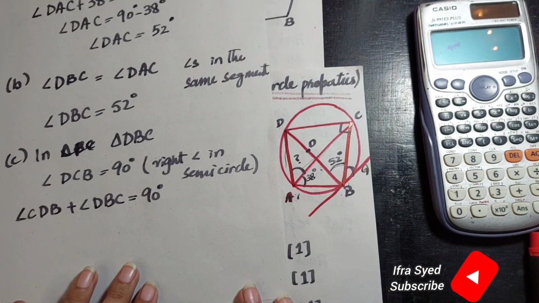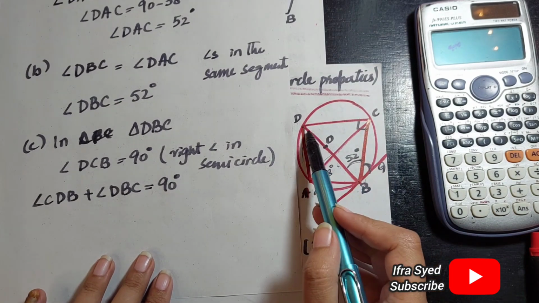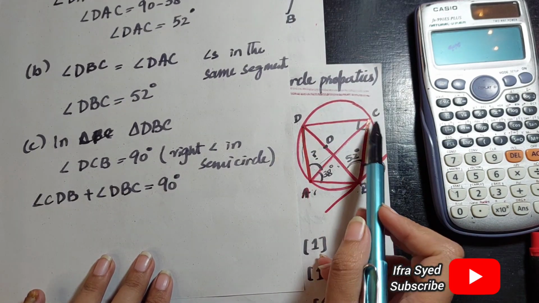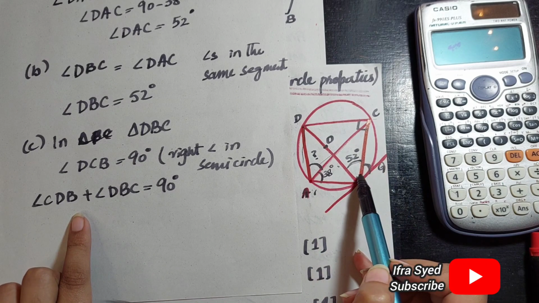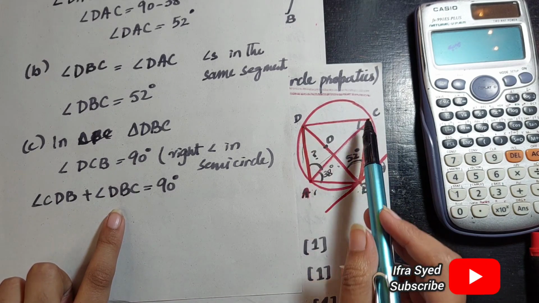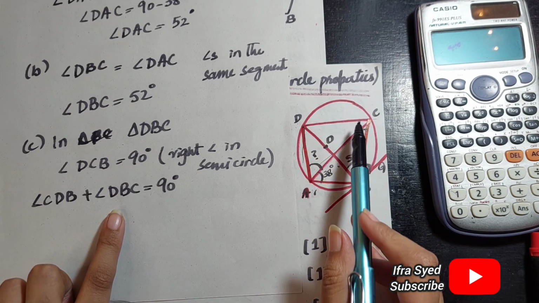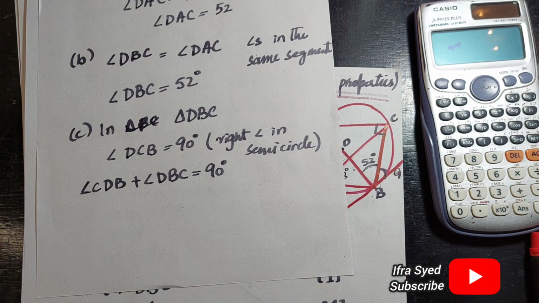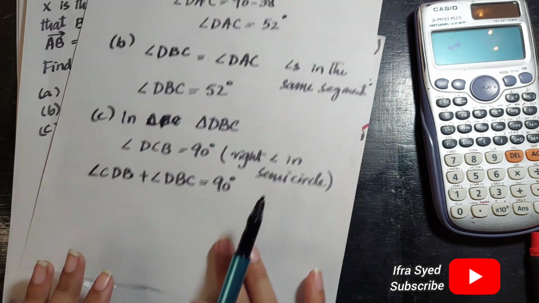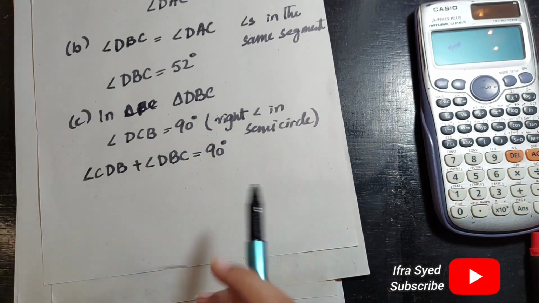Now you can see it properly. I wrote these two angles, this CDB plus this angle DBC. The sum of these two angles will be equal to 90 degrees. So I wrote angle CDB plus angle DBC is equal to 90 degrees.